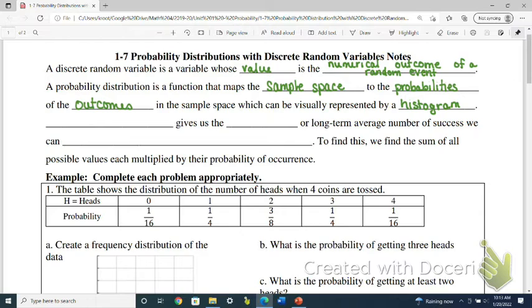expected values gives us the mean or long-term average number of successes we can expect over time if we repeat the process over and over.